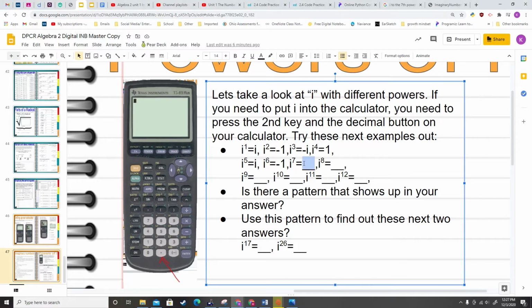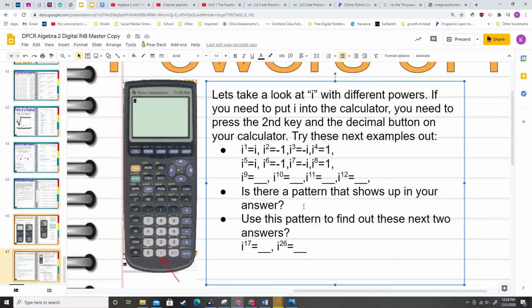So you might be noticing that there is a pattern that is forming. We are actually getting what we got in the previous thing. So as we got i here, negative 1 here, and negative i here, this next one would actually give us a 1. Now, you may see that for these two, you ended up getting something a little different when we just plugged it in there.